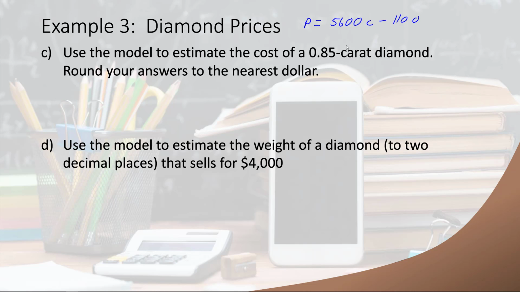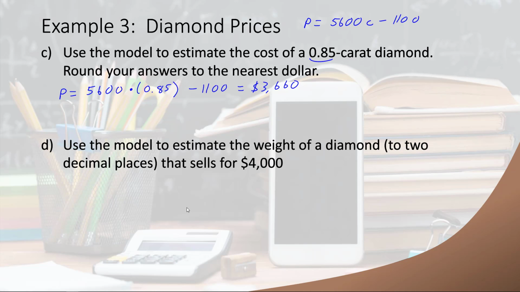So we're just going to substitute 0.85 for C, and that means that P is going to be equal to 5,600 times 0.85 minus 1100. And if you knock that out in your calculator, which is really the only option you have, you would come up with $3,660.